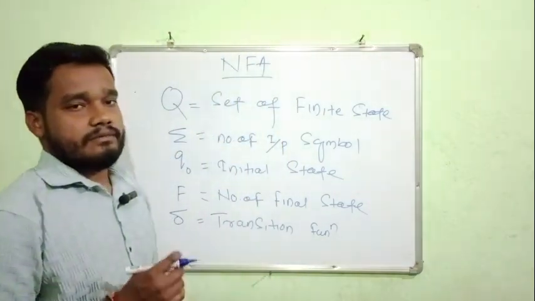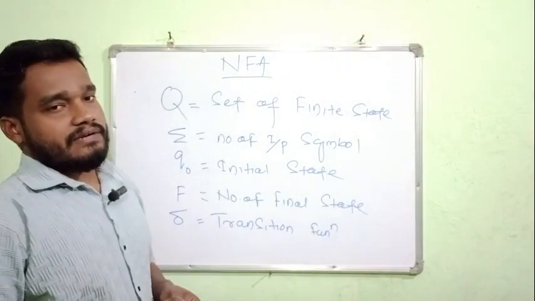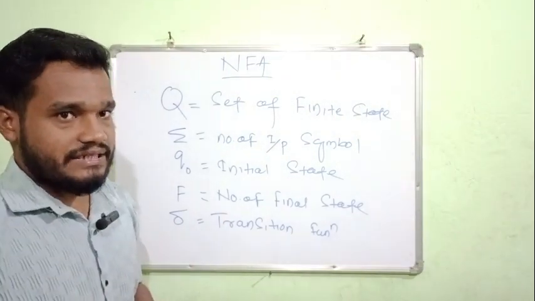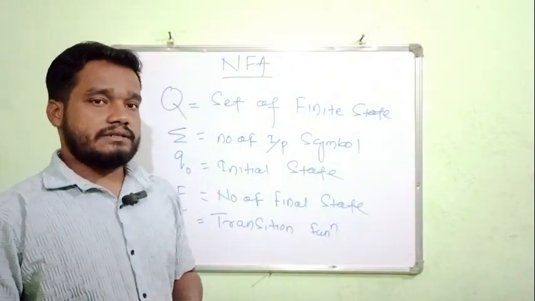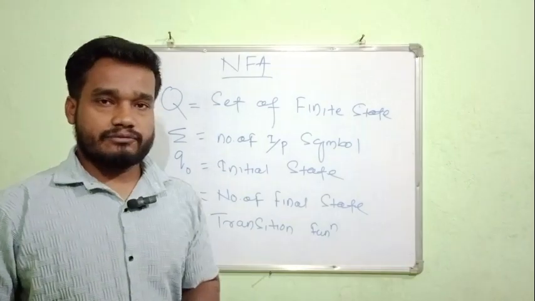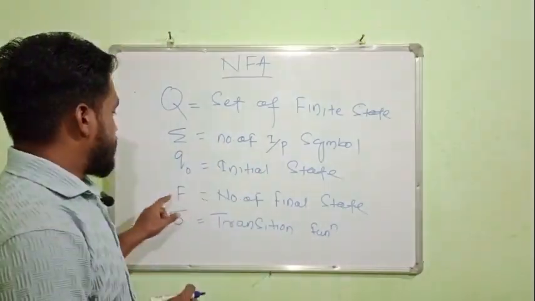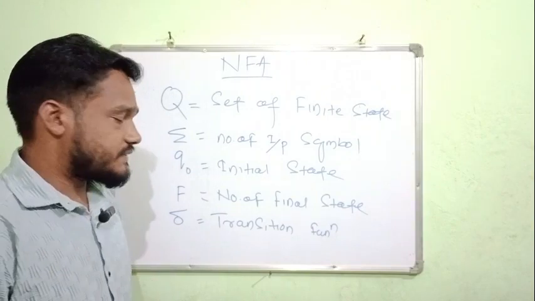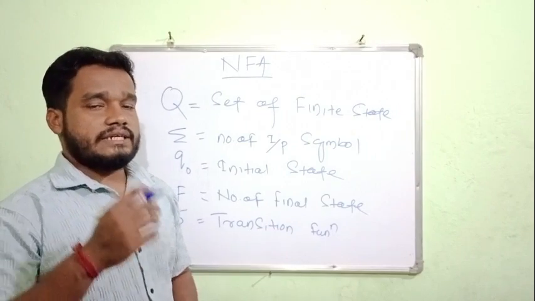These are the properties of NFA. Capital Q represents the finite set, how many states are available inside the machine. Sigma represents the alphabet or input symbols. Q0 is the initial state, capital F represents the final states, and delta represents the transition function.